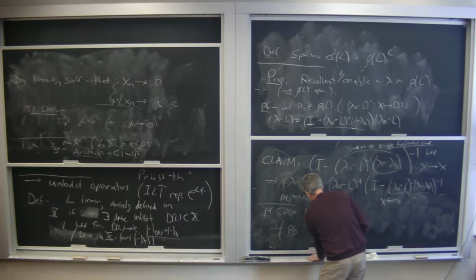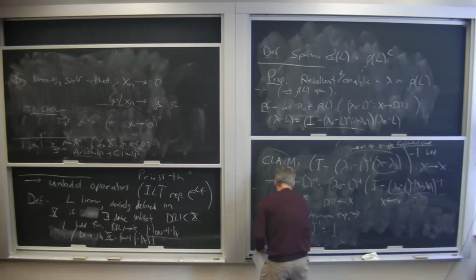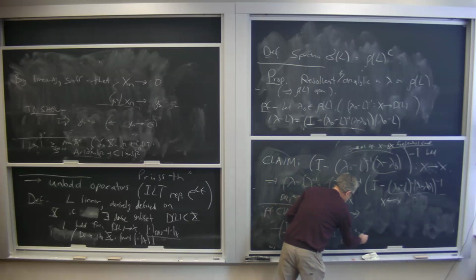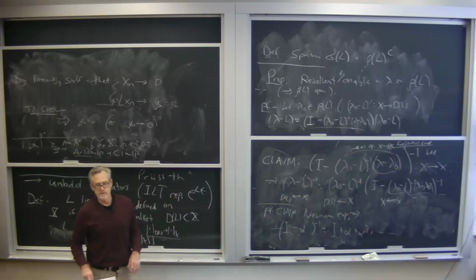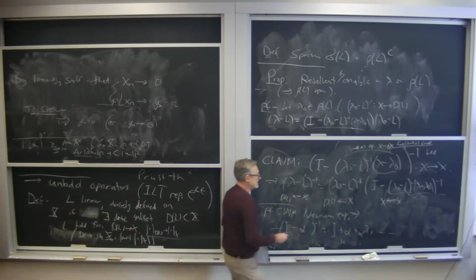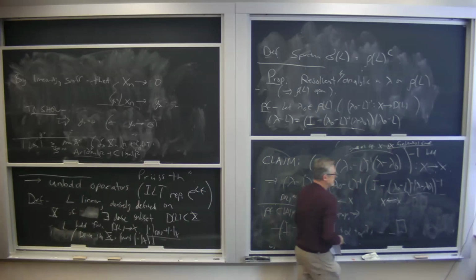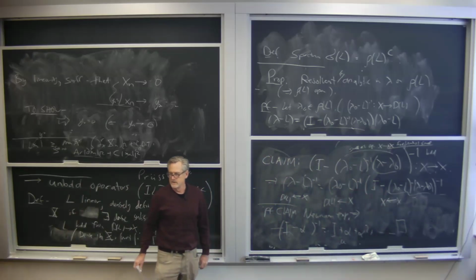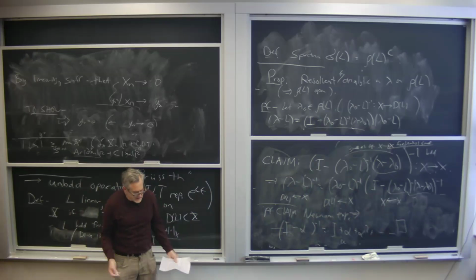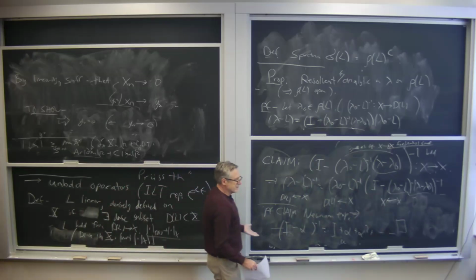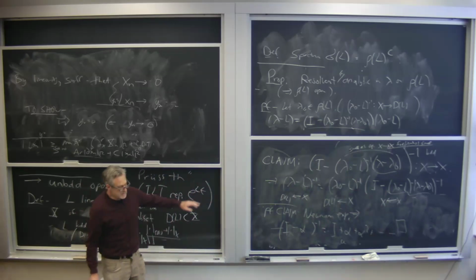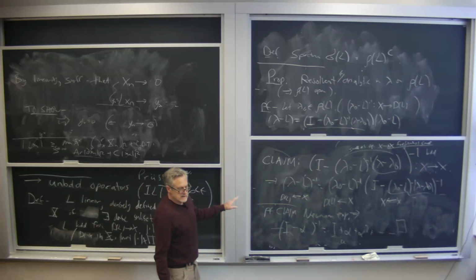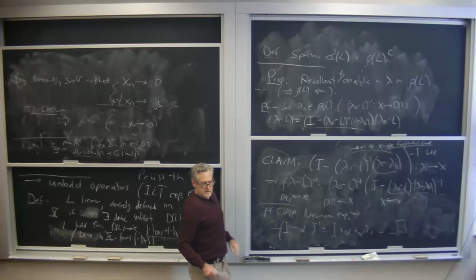So identity minus alpha inverse is just the series, identity plus alpha plus alpha squared, plus the infinite series, which is easily seen to converge. Done. So it's very, very standard, but still wonderful. I like this a lot. So we regained analyticity of the resolvent. That was something we saw for matrices just by explicit computation, but now we see it's much more general than that. It holds also with this unbounded setup.